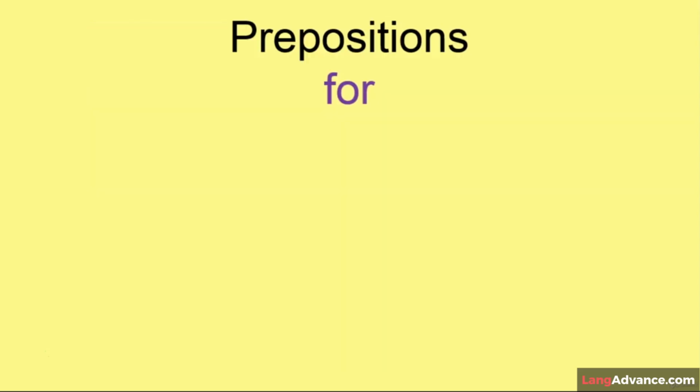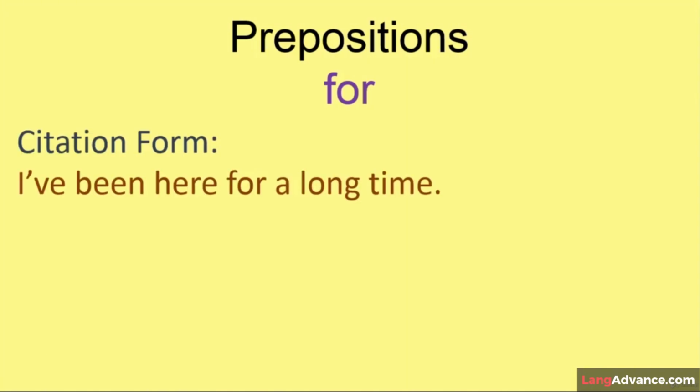Now let's look at the preposition "for." In citation form, we have the sentence, I've been here for a long time. Okay, repeat after me. I've been here for a long time.